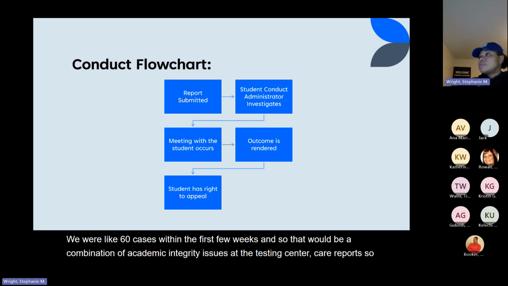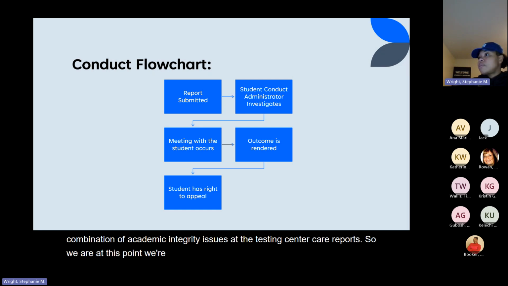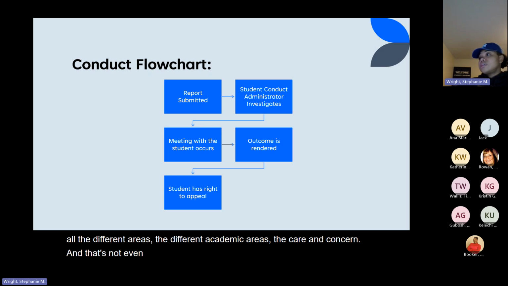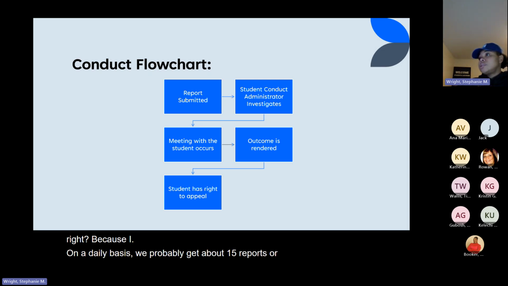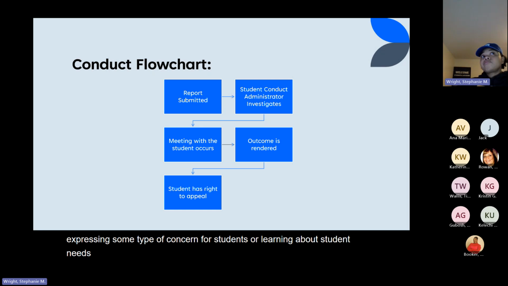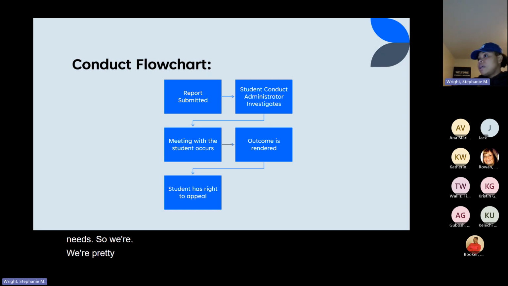At this point, we're probably at about 200 cases between all the different academic areas, and the care and concern. And that's not even including all the things that Dr. Griner's area receives, right? Because on a daily basis, we probably get about 15 reports or so from faculty and staff expressing some type of concern for students or learning about student needs. So we're pretty inundated every day.